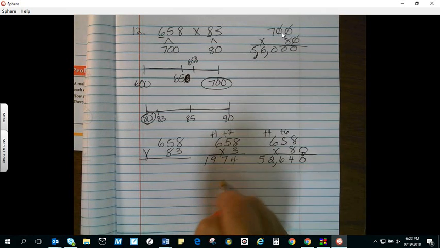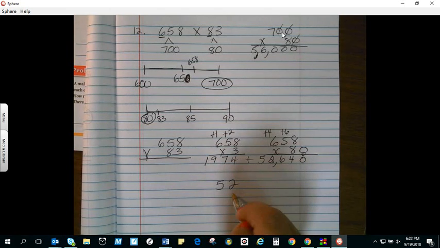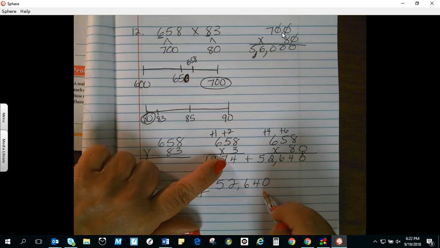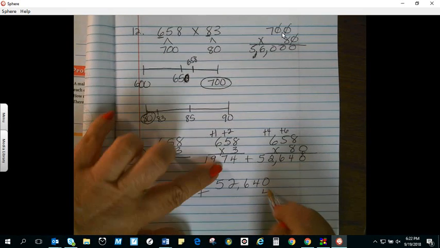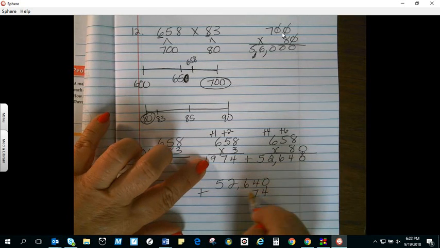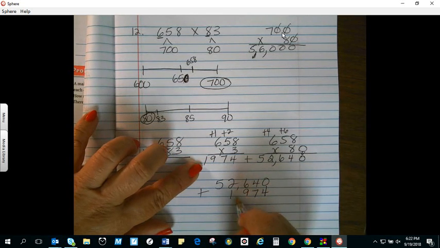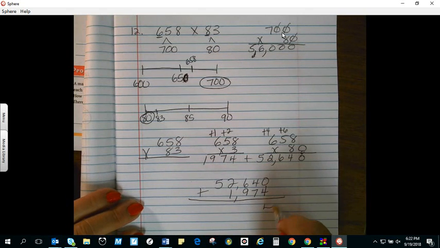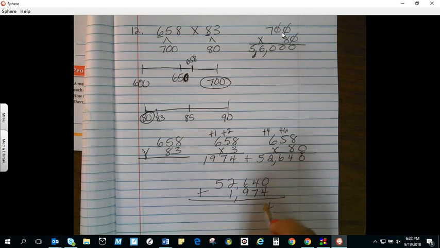So I have 52,640 plus, now look at this, make sure you line up your place values. I have my 4, I have my 7, I have my 9, and I have my 1. So it's 1,974. So this is 4. 7 plus 4 is 11.